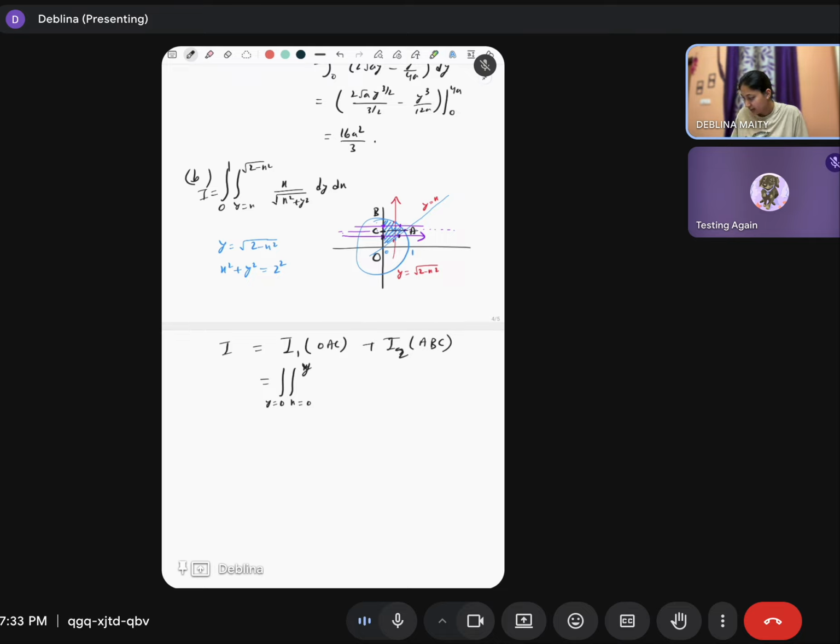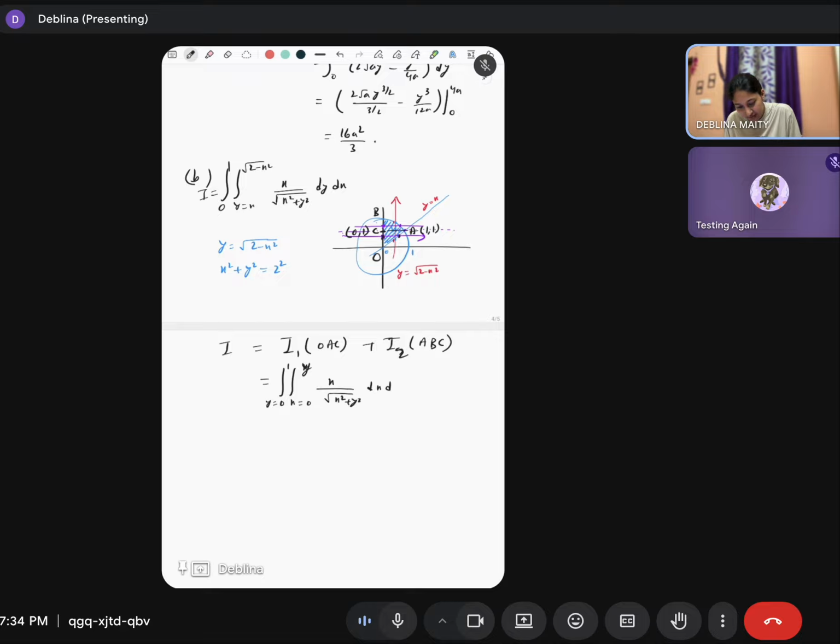So this point is what? This point is 0, 1. C is 0, 1, right? Because at 1, A is 1, 1. So this is 0 to 1, xy root over x square plus y square.